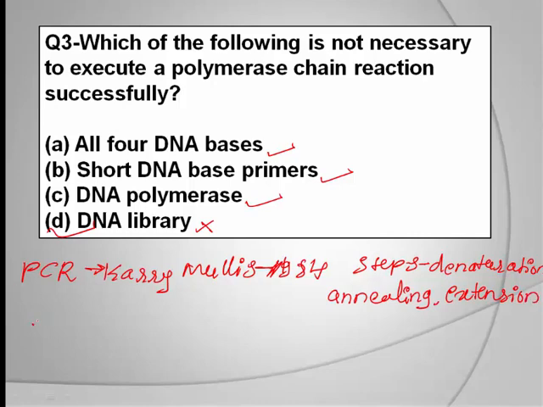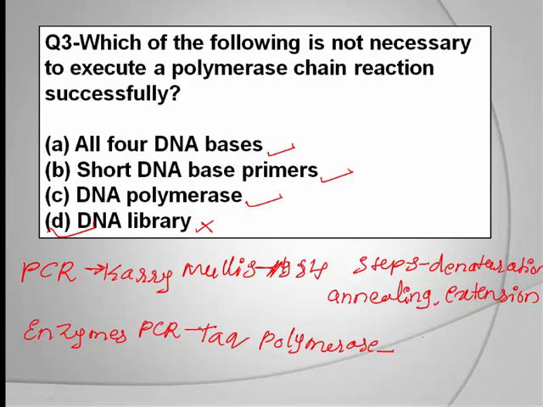And very important, two important enzymes are used in the PCR. One is Taq polymerase, and the source of Taq polymerase is Thermus aquaticus.